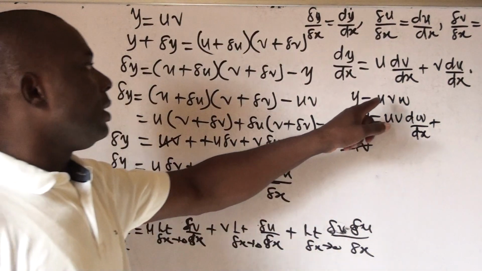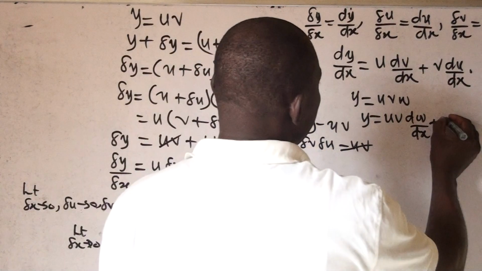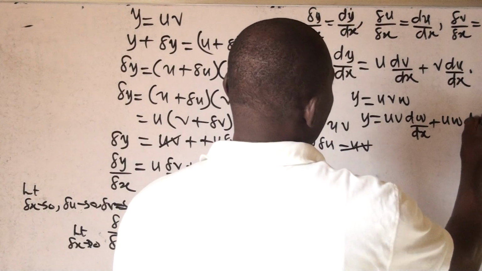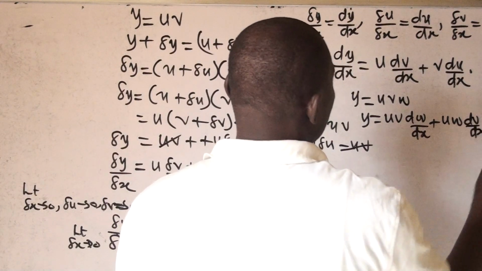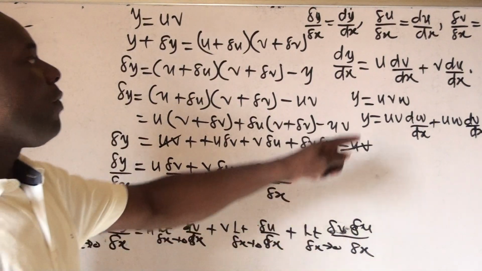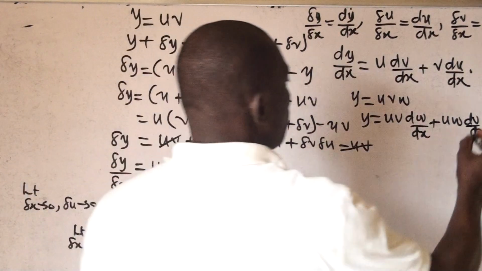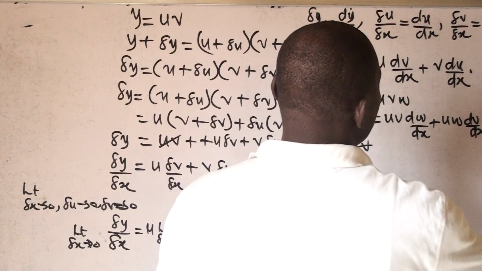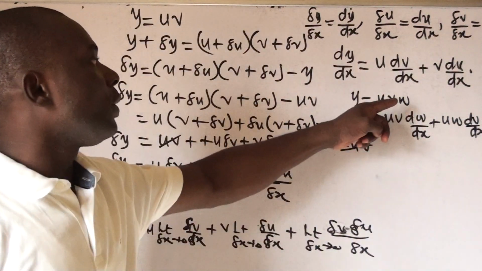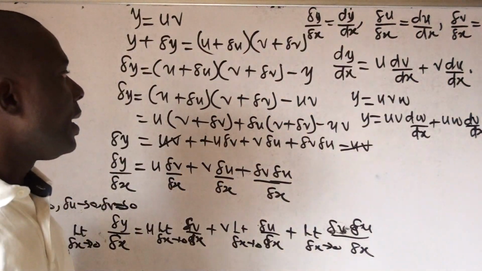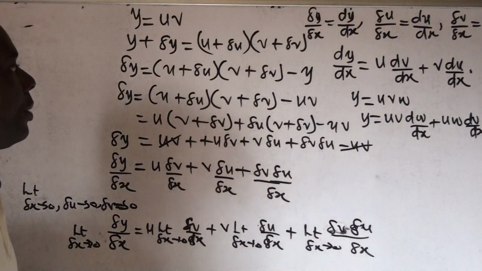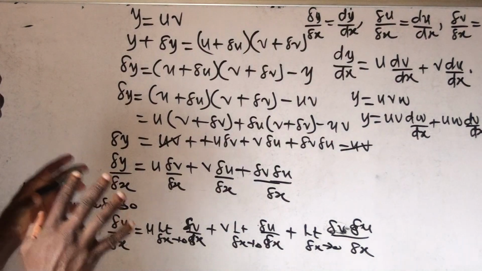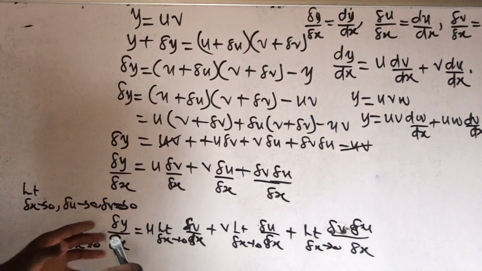Similarly, if I find the derivative of v, this will become uw dv/dx, plus, if I find the derivative of u, we now have vw du/dx. Even if the functions are up to 4, the approach is similar. So this is how to find the derivative of a function if the function is a product.